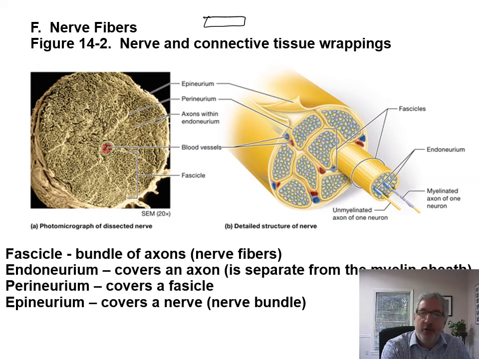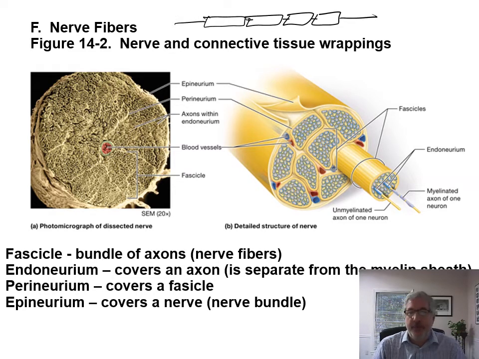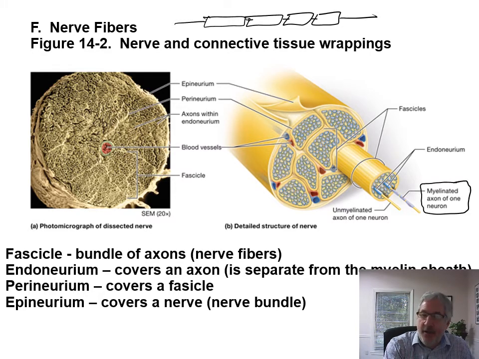I'm going to draw these. You have your axon going down the middle of it, like that. So that's a nerve fiber. You have a single axon with Schwann cells. If you look over here on the right, we have a myelinated axon of one neuron, so that would be a nerve fiber.